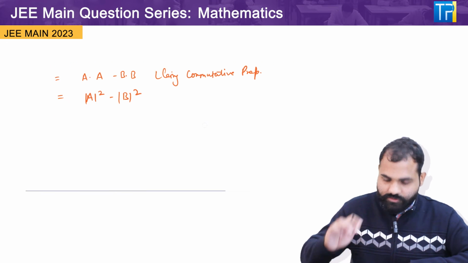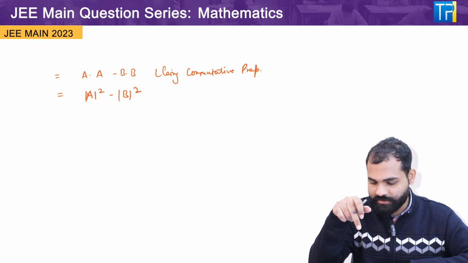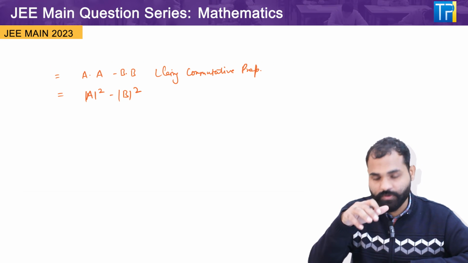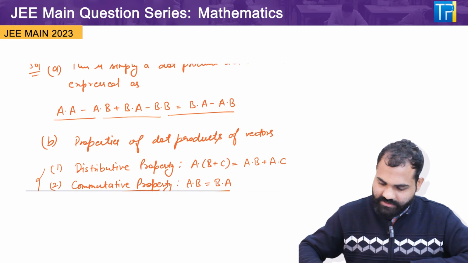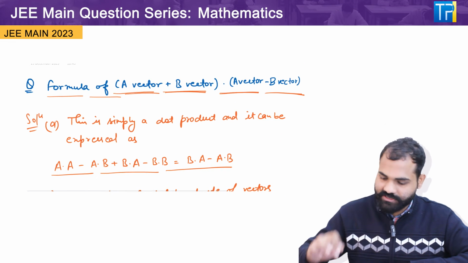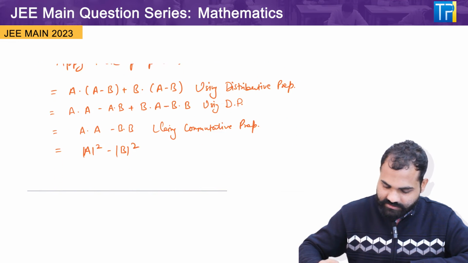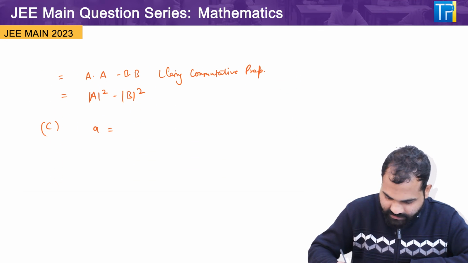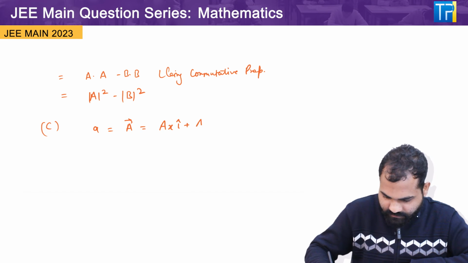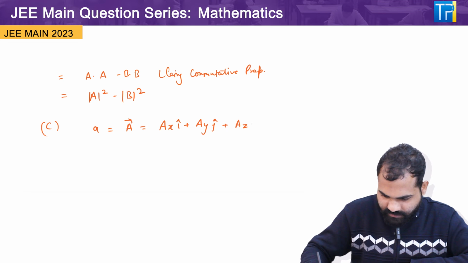Okay, so this is the second way that how you can solve this question, or let's say the formula of a vector plus b vector dot a vector minus b vector. The third way is that let's say a vector is equal to ax i plus ay j plus az k.